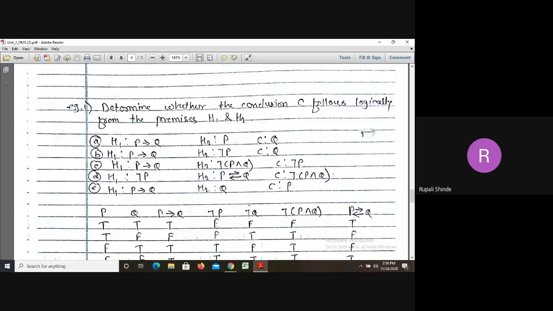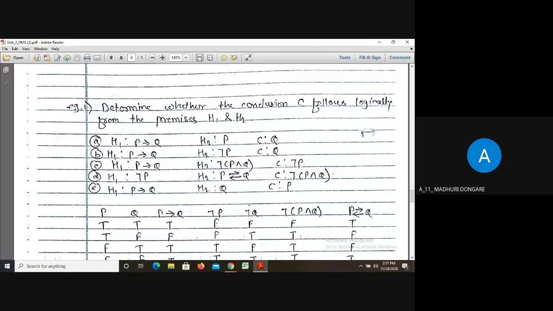What did you get? Whether C is a valid conclusion or not? Not valid. Yes, not valid. So what are the values in the last column? True.